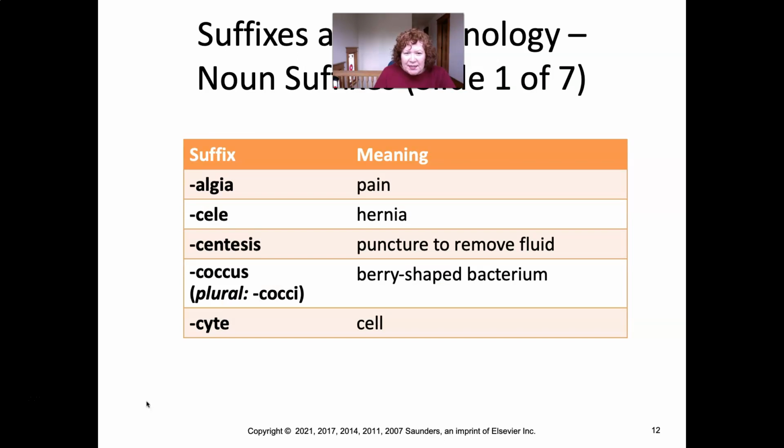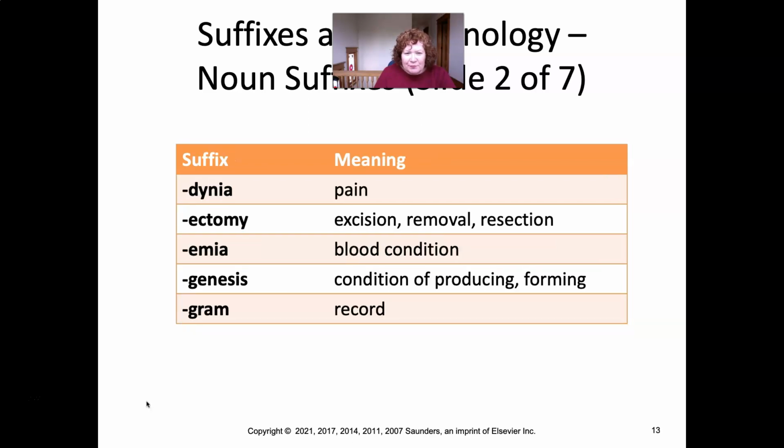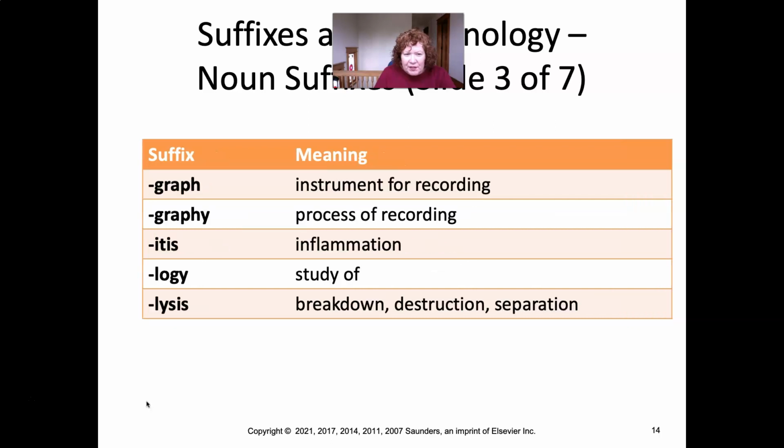Algia, cele, centesis, coccus, or cocci. Notice the difference between the singular and plural here. Cyte, dynia, ectomy, emia, genesis, gram. Graph, graphy.